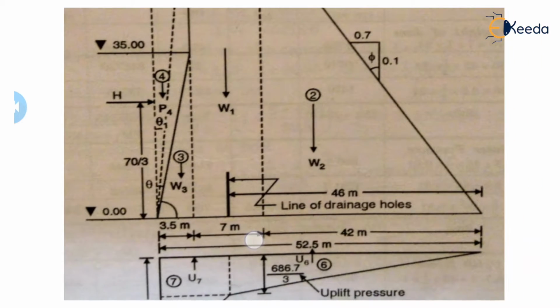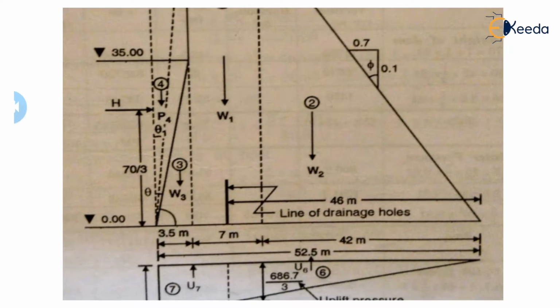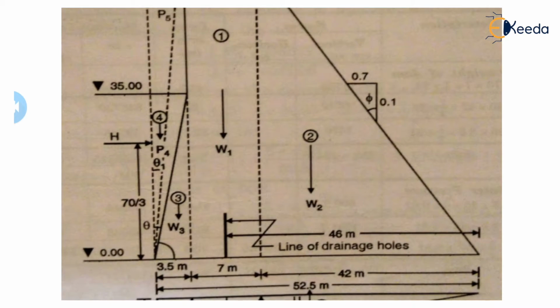Okay, and then we resolve all the forces on the toe section, so we have to take that distance from the toe section only. So 7 divided by 2 is 3.5 meter. Okay, 3.5 meter plus 42 meter is your 45.5 meter. That distance will be found out for the first section.